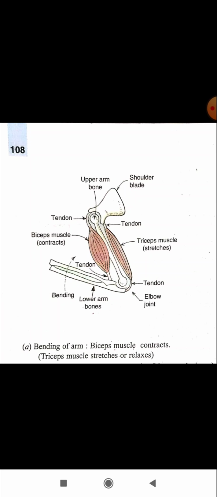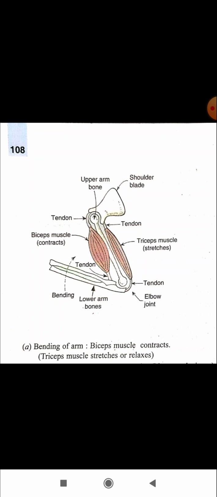One end of the biceps and triceps muscles is attached to the shoulder bone with the help of tendons, and the second end of the biceps and triceps muscles is attached to the lower arm by tendons. Okay students, I hope you understood this.